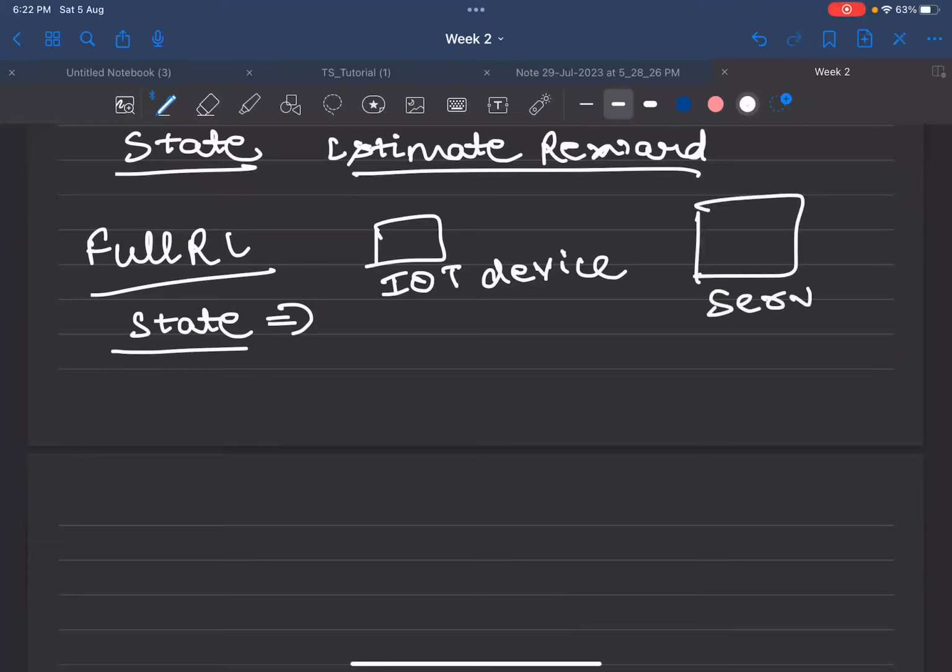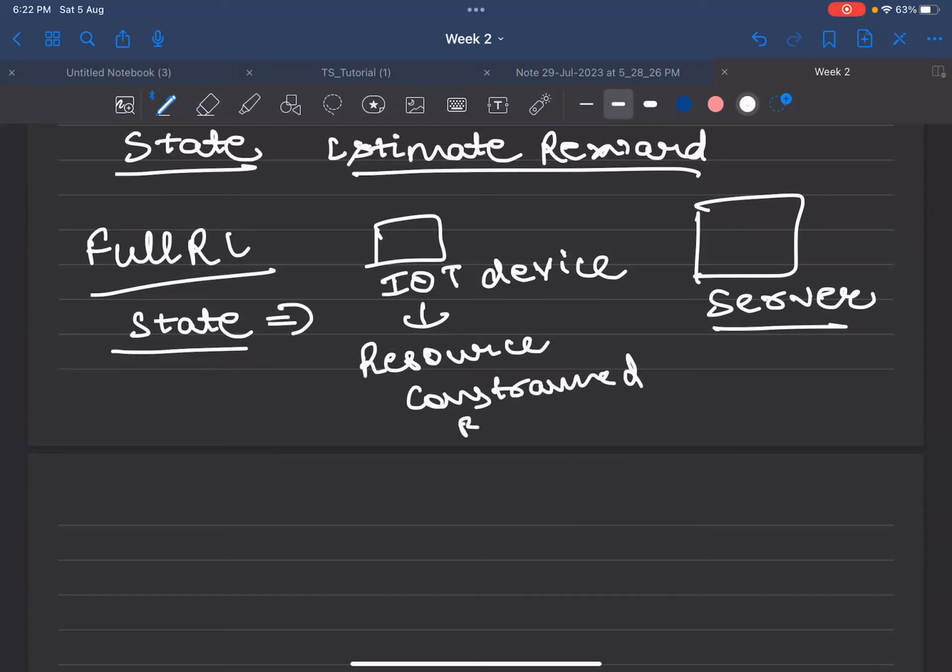IoT devices are resource constrained, so there is a battery issue. The main objective is to transmit the data to the server, and with some transmission power, I can say.